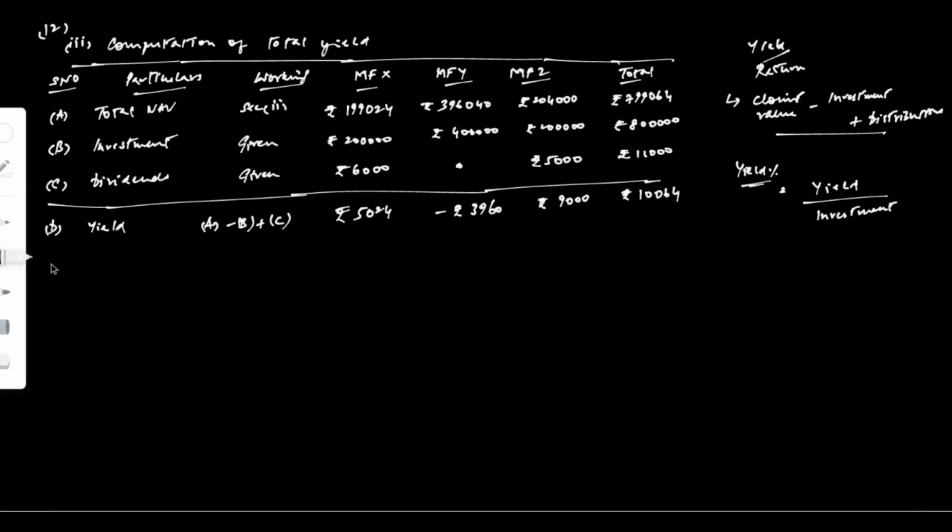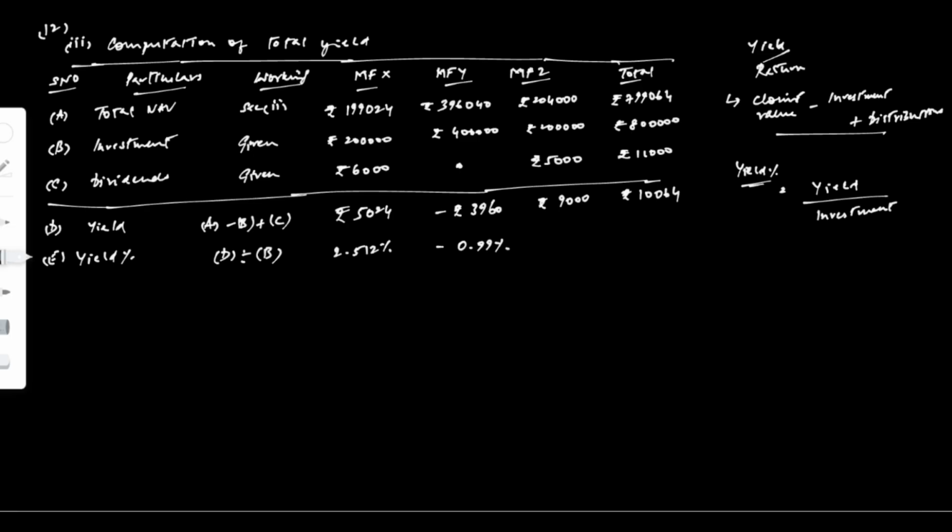So we found out the yield in each mutual fund and also the total yield. Now we will calculate the yield percentage, that is yield by investment. 5024 by 2 lakh is 2.512%. Next, minus 3960 by 4 lakh is minus 0.99%.